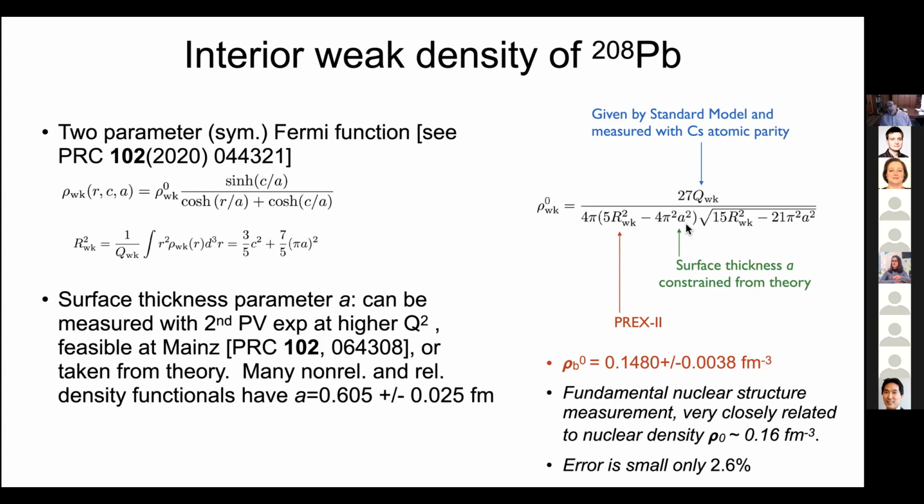But until we do that, at the moment, we have to take the surface thickness from theory. So we look at the average surface thickness of a whole variety of density functionals and take this value from theory, and use the PREX result for the weak radius of lead. That allows us to infer the interior weak charge density of lead.